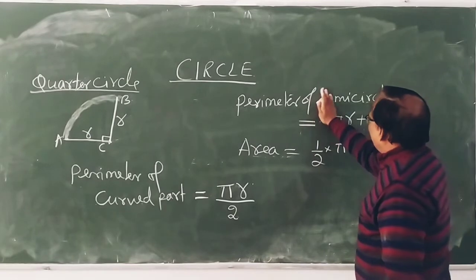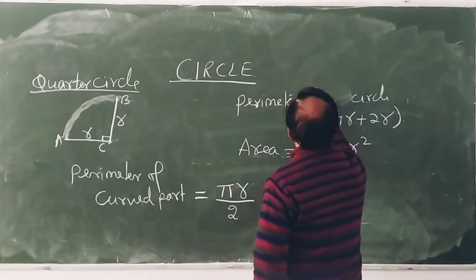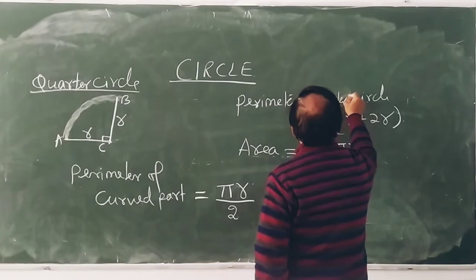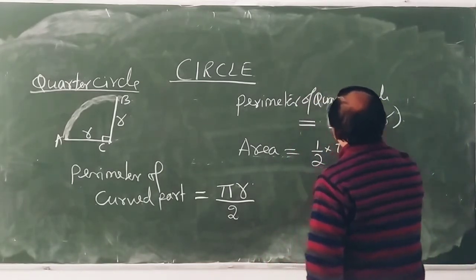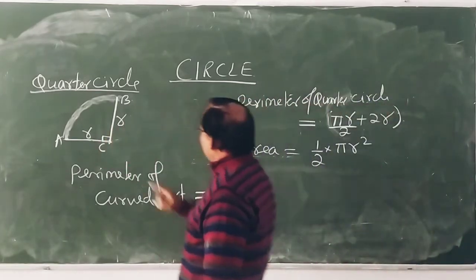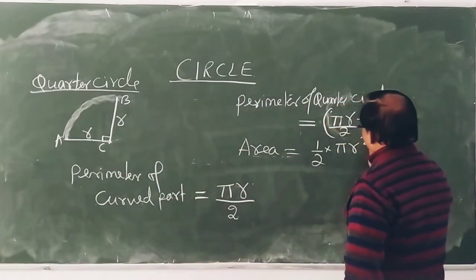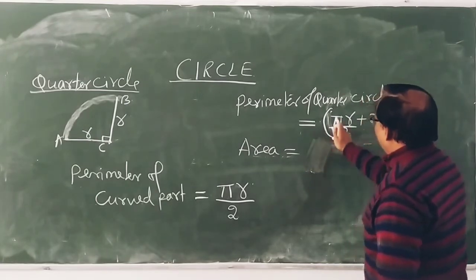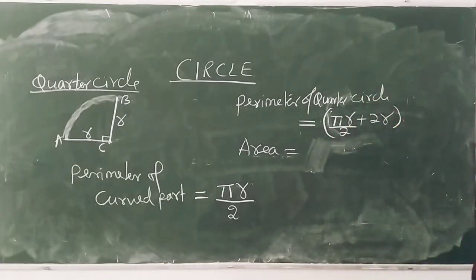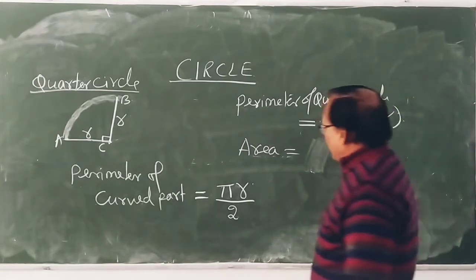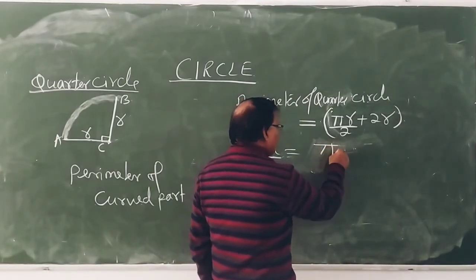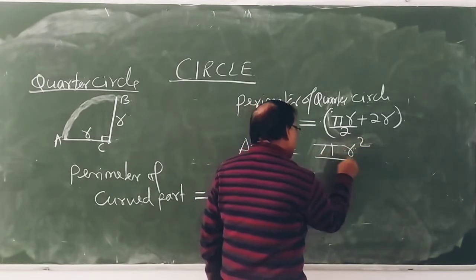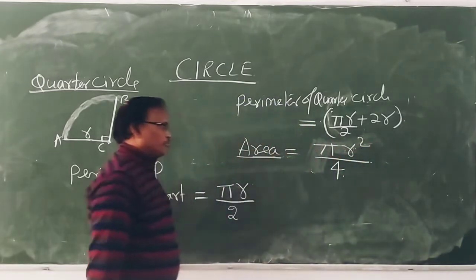And the perimeter of the quarter circle will be pi r by 2 plus r plus r, that is 2r. This is the perimeter of the quarter circle: pi r by 2 plus 2r. And the area of the quarter circle will be just 1/4 of the total circle.